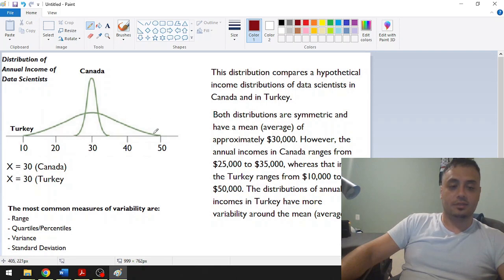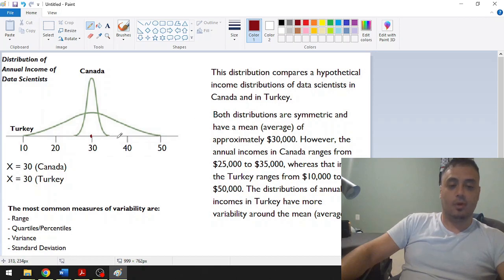As you can see, both distributions are symmetric, meaning they have a normal curve, and they have a mean average of 30,000, which is right here. However, the income distribution for Turkey ranges from 10,000 to 50,000, and for Canada from 25,000 to 35,000.